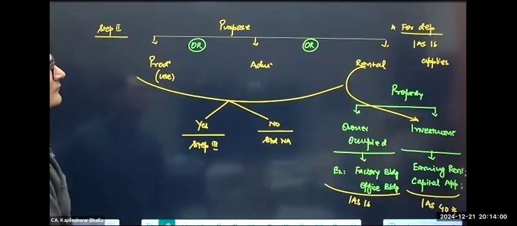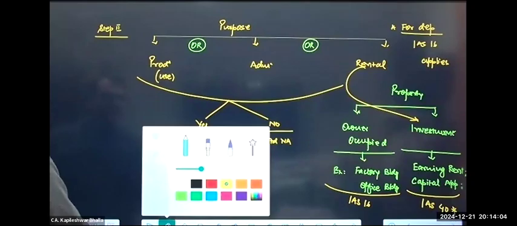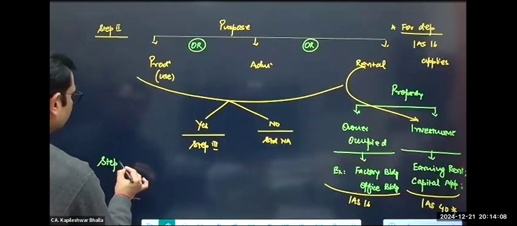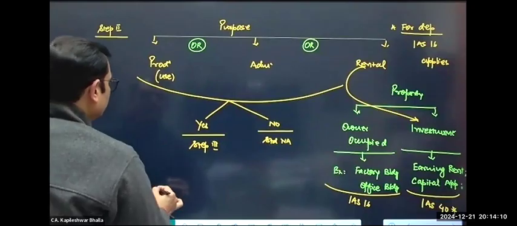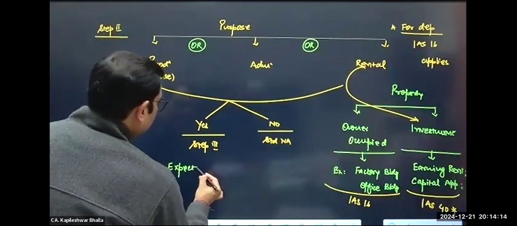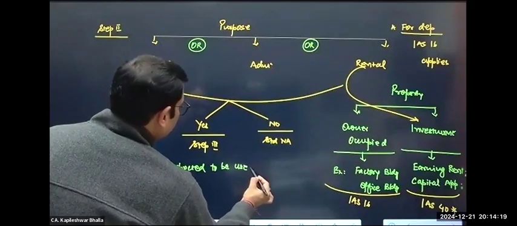And then it comes to step number 3, and in terms of step number 3, we need to see the life. So we need to see that it is expected to be used, for what span of time?